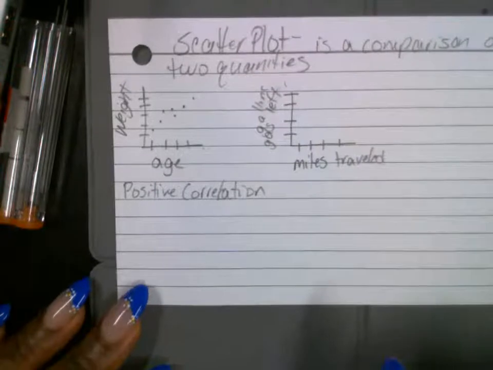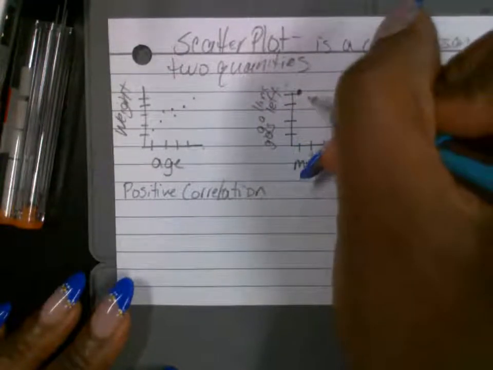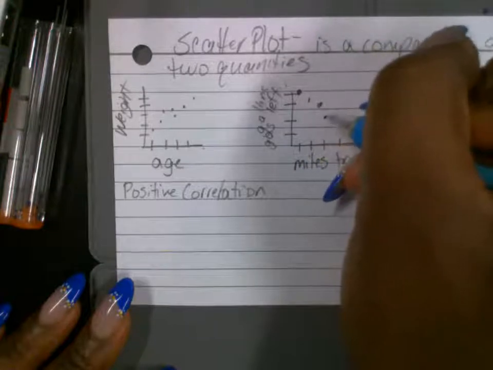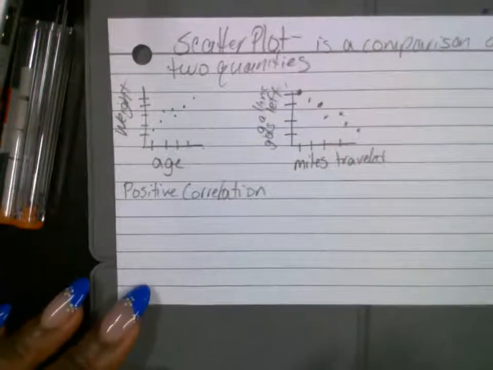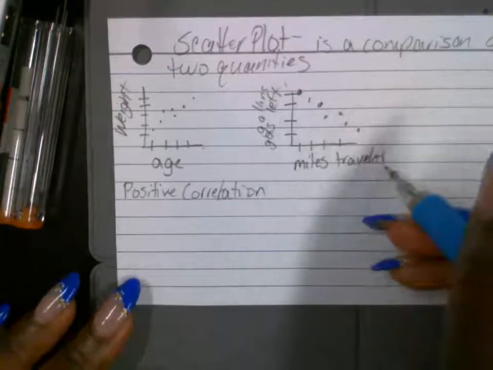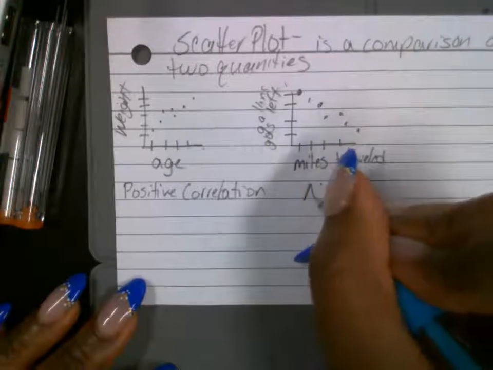All right. So you start off with a full tank of gas, and as you're traveling, the less gas you're going to have in the vehicle. As X increases, Y is decreasing. This is a negative correlation.